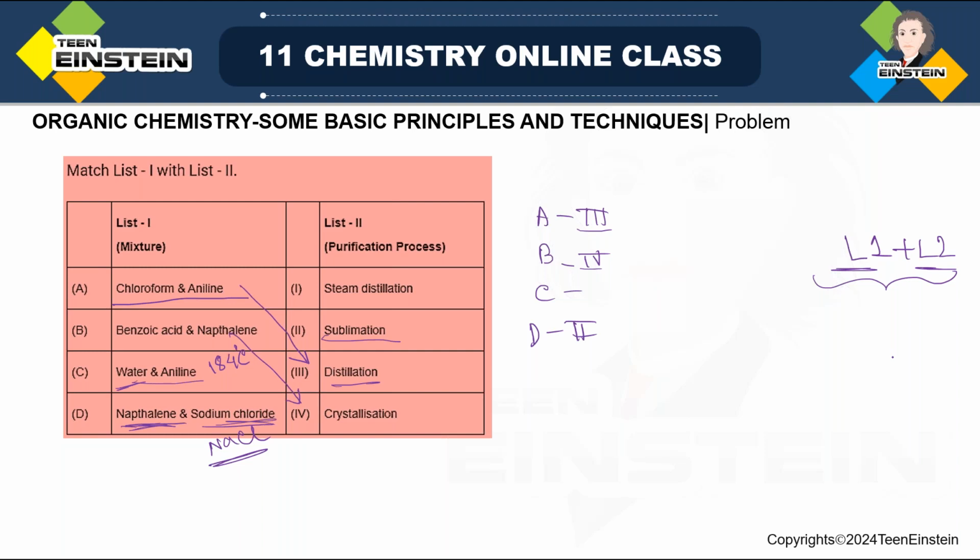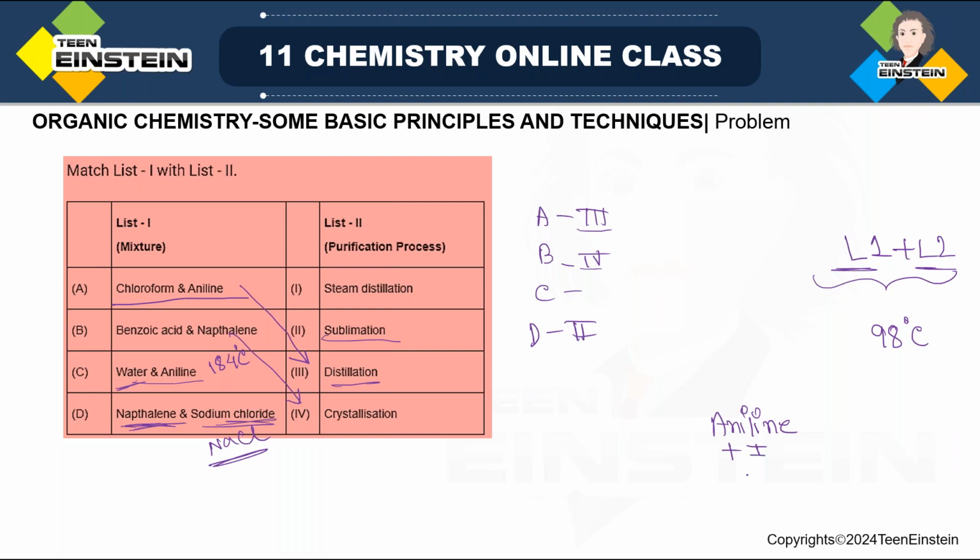So what happens in the case of water and aniline? When they form an azeotrope, the new boiling point that we get is 98 degrees centigrade, which is lesser than water. Now what happens if you have some impurity mixed with aniline? Though impurity is not mentioned here, simply water and aniline, but basically when we say purification, suppose there is some impurity mixed.